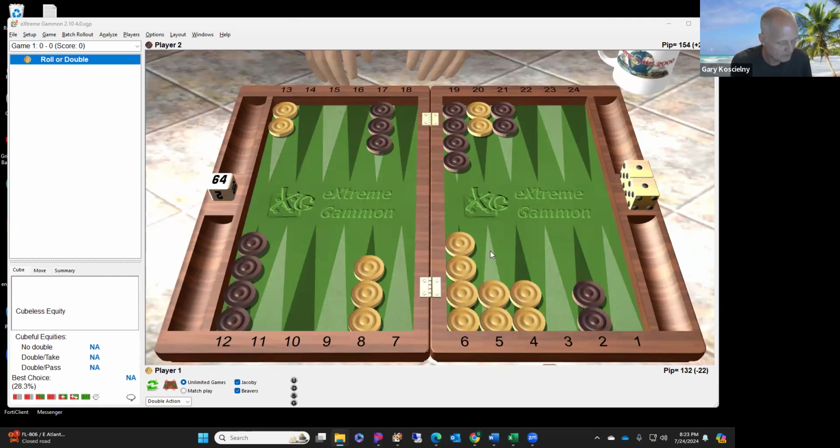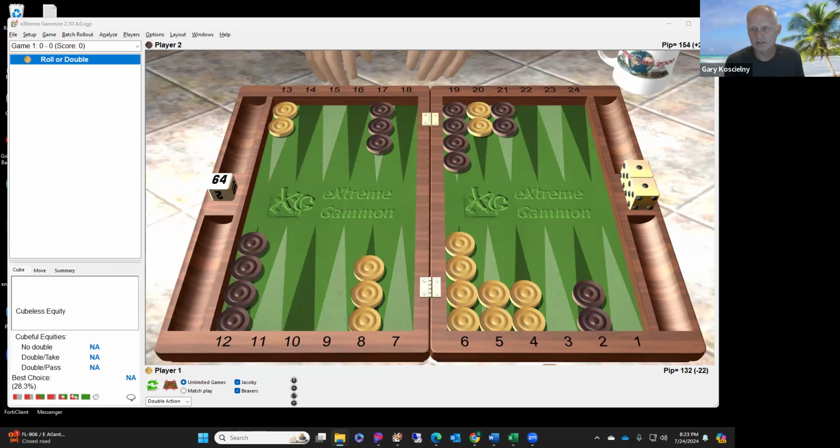So what does that make? And now let's look at black. What does black have? I was just going to say, is there anything good that black could get? Remember, black has a significant advantage in 1 of 4 defensive plans: timing, not much else. He doesn't have race, doesn't have priming.